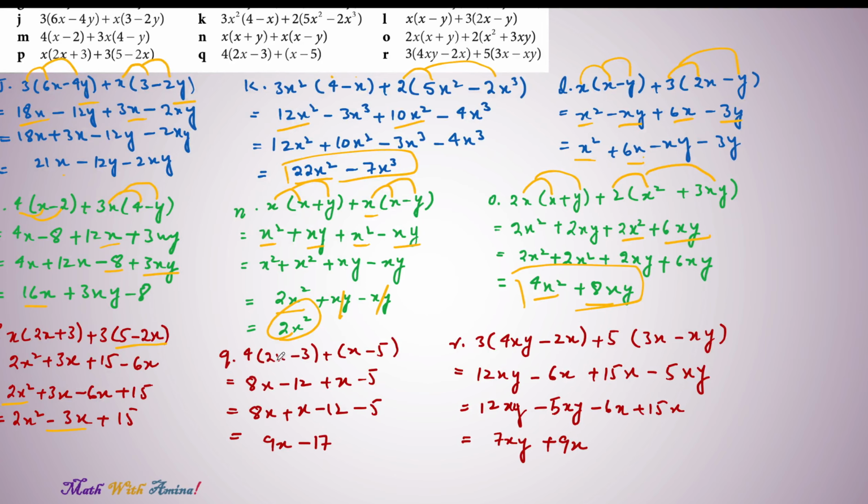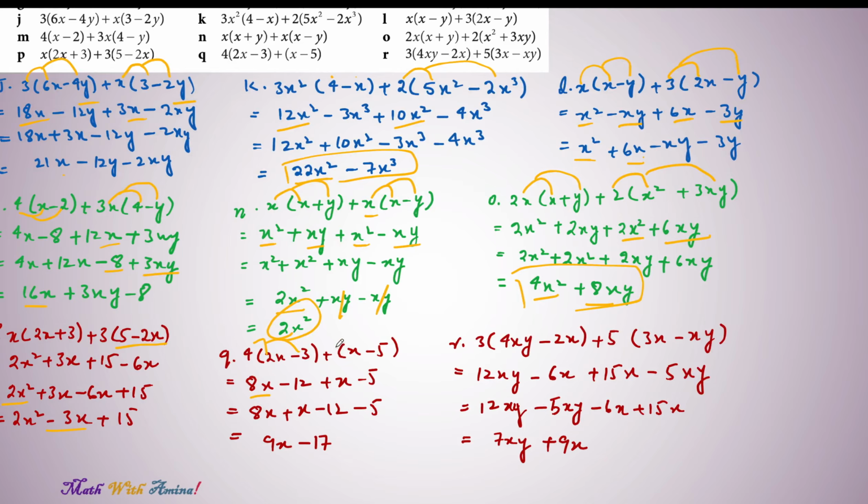Then we have the second last expression, 4 into, in the bracket, 2x minus 3, plus x minus 5. So 4 gets multiplied with 2x, and 4 gets multiplied with minus 3, we get 8x minus 12, because 4 multiplied by 2x is equal to 8x, and 4 multiplied by minus 3 is equal to minus 12.